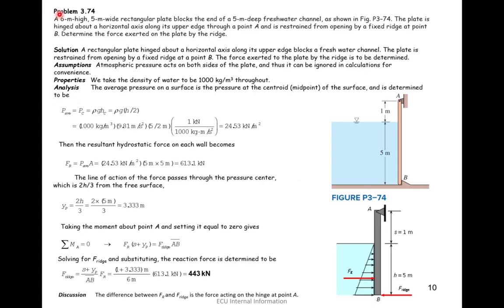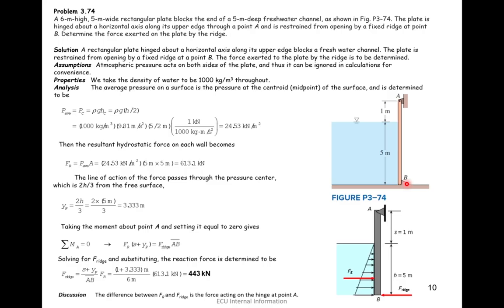Now, a 6 meter high and 5 meter wide rectangular plate, which is basically 6 meter from here to there, and normal to the page is 5 meter, blocks the end of a 5 meter deep freshwater channel. That means this one, basically 5 meter, is blocking that one, and we have something here which is holding the gate.